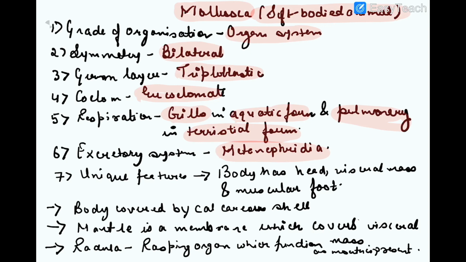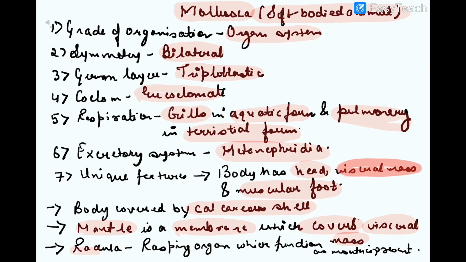Unique features: body is divided into three parts, head, visceral mass, and a muscular foot. On top of the visceral mass, there is a covering known as mantle. So mantle is a membranous covering that covers the visceral mass. Body is also covered by a shell of calcium, known as calcareous shell.